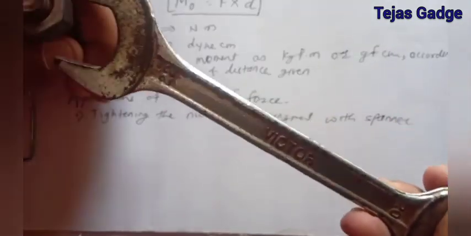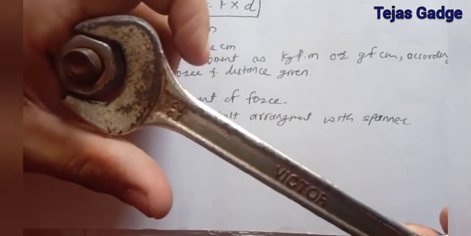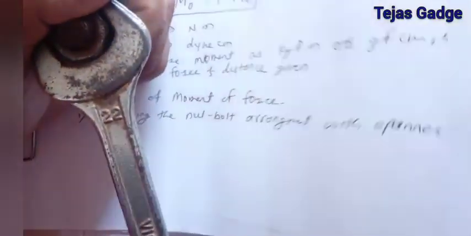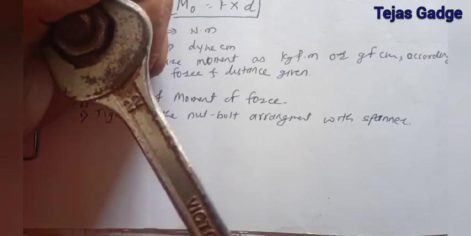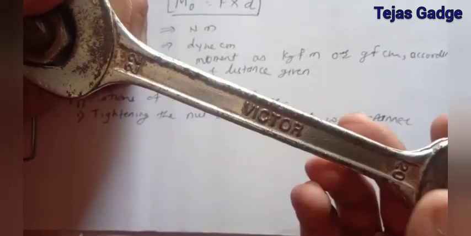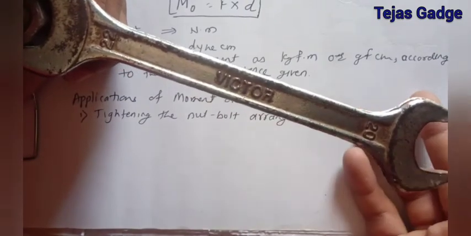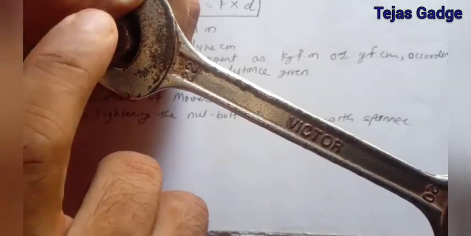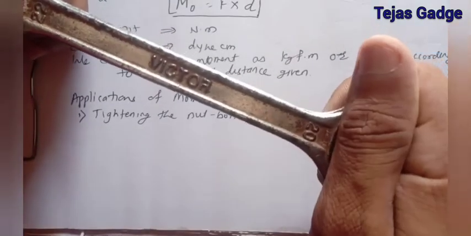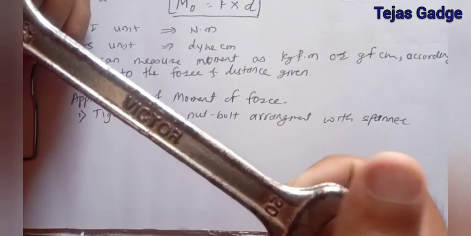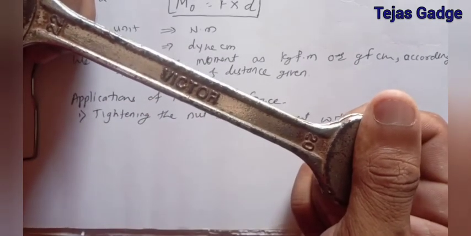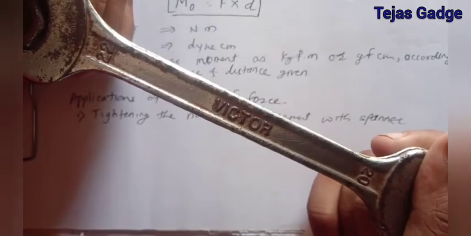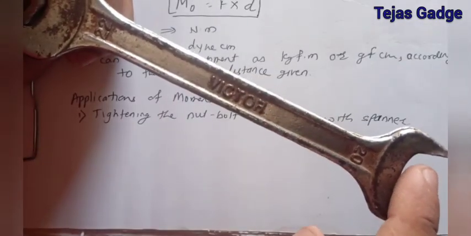Here is the pivot point, and we are applying force here to tighten the nut. So whatever the center point of the nut or screw, at this much distance from it I am applying force. It will create a large moment, because we increase the distance.